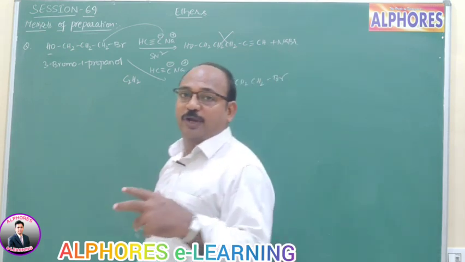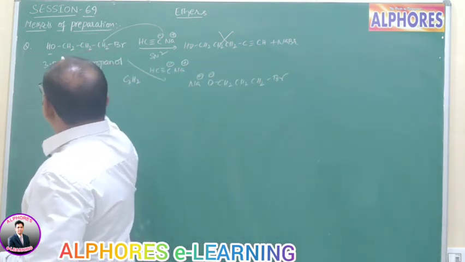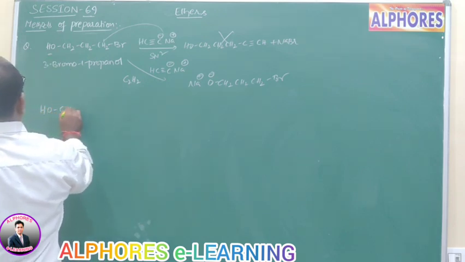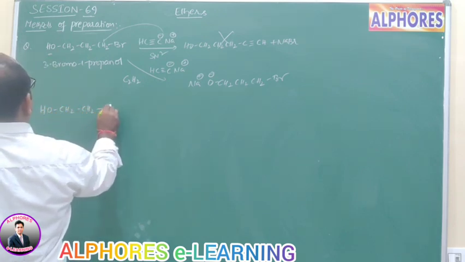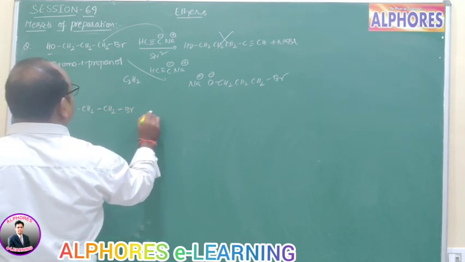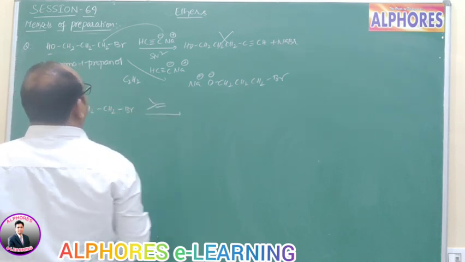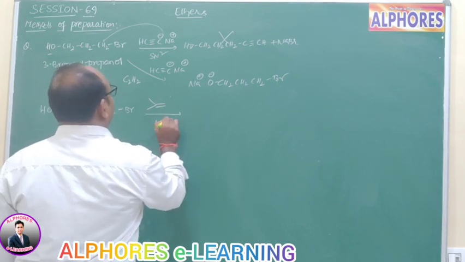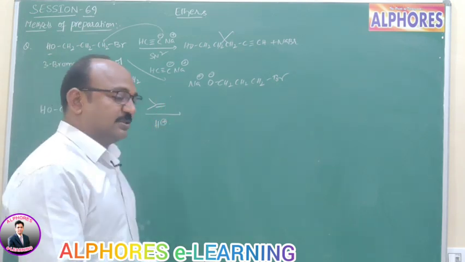Now take the same 3-bromo-1-propanol and react it with isobutene and H plus.